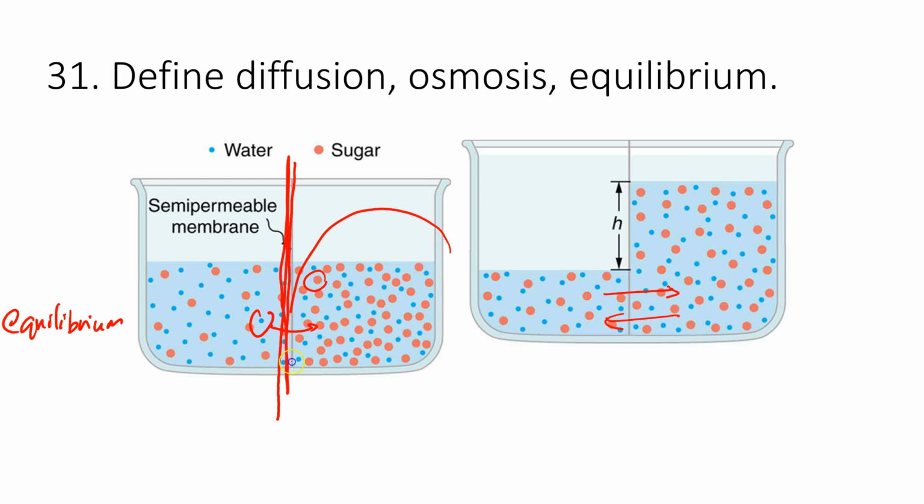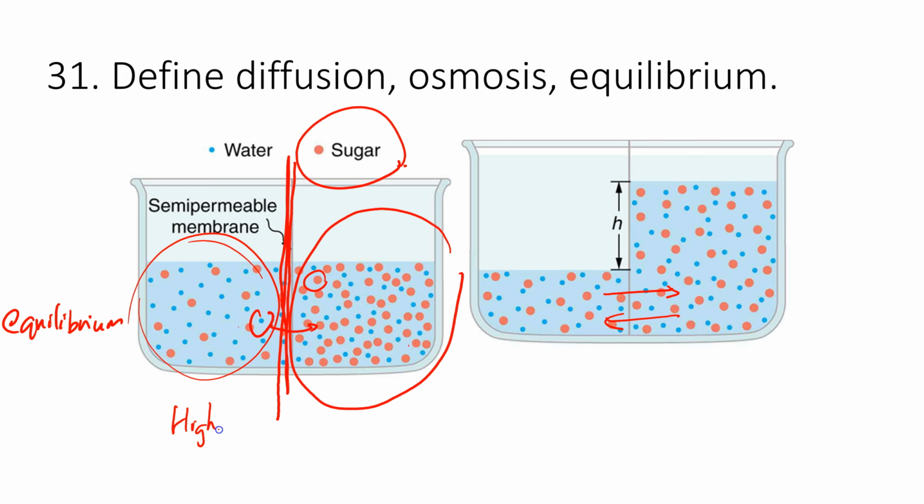So we can see that this region has a high concentration of sugar, very concentrated. So water will start to diffuse from a lower concentration of sugar to a higher concentration of sugar, or from a high concentration of water to a low concentration of water.